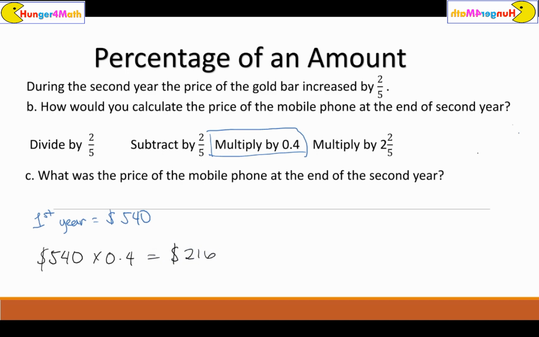So that is the amount it increased. To identify how much it is at the end of the second year, we're going to add 540 plus 216 is equivalent to $756. That is the amount of the mobile phone at the end of the second year.